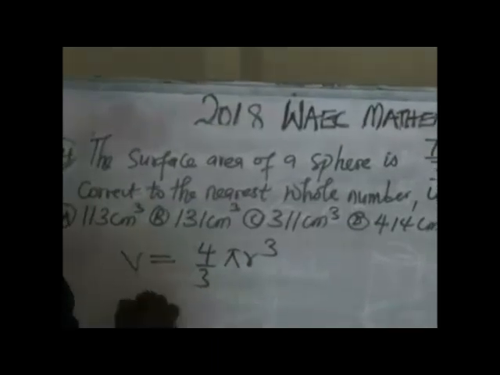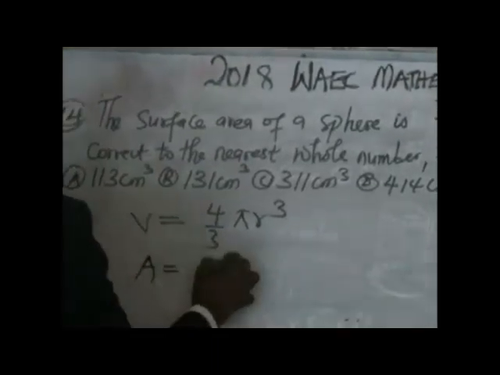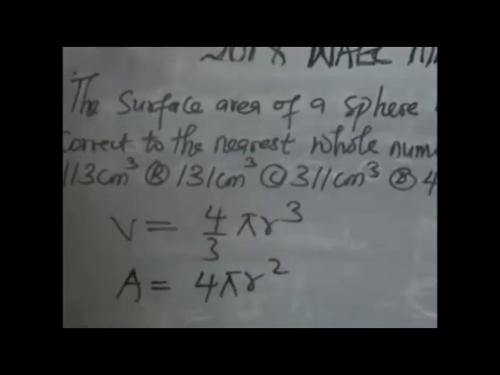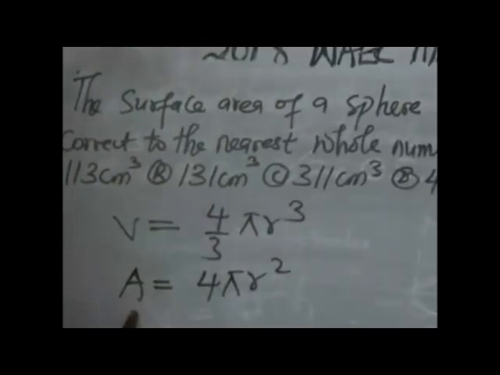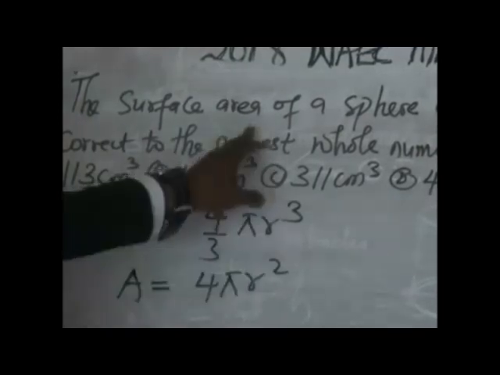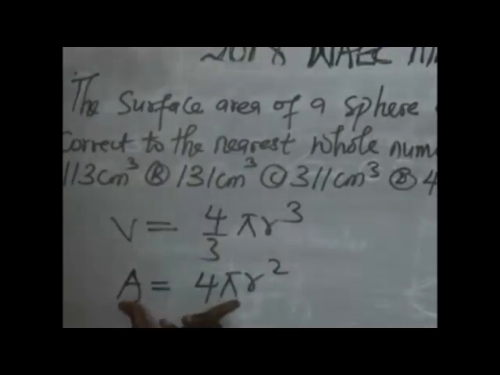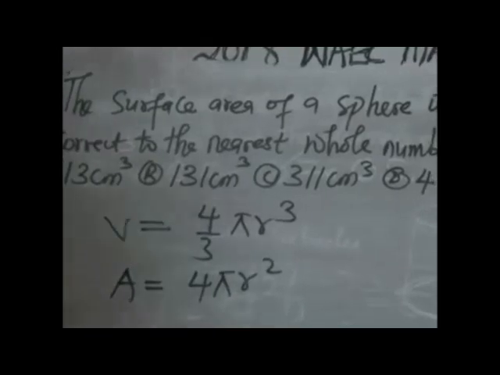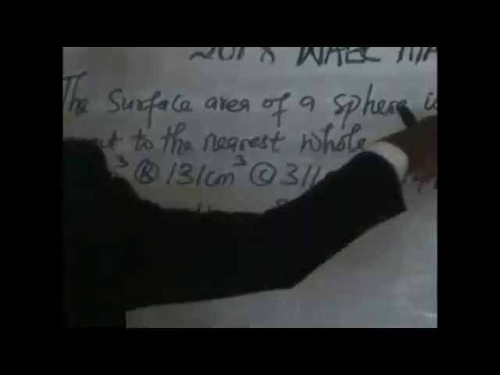So the surface area of a sphere is 4 pi r squared. From the area, we can determine the value of the radius, because the value of the radius is not given here. So what is the area of the sphere given to us?